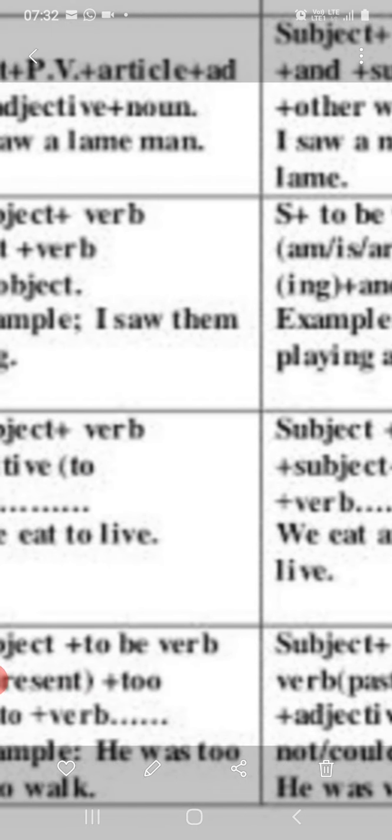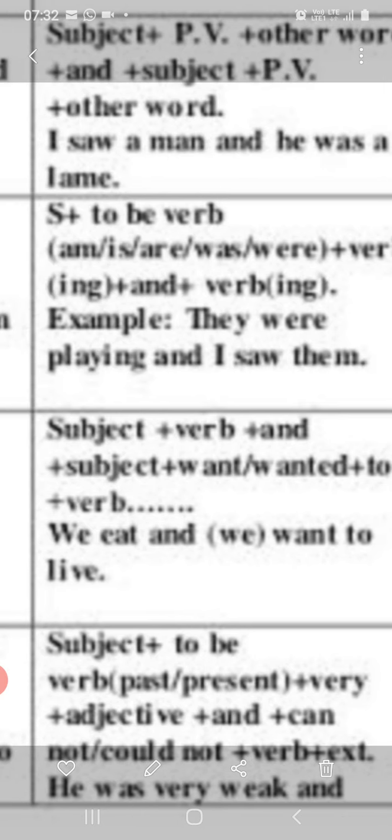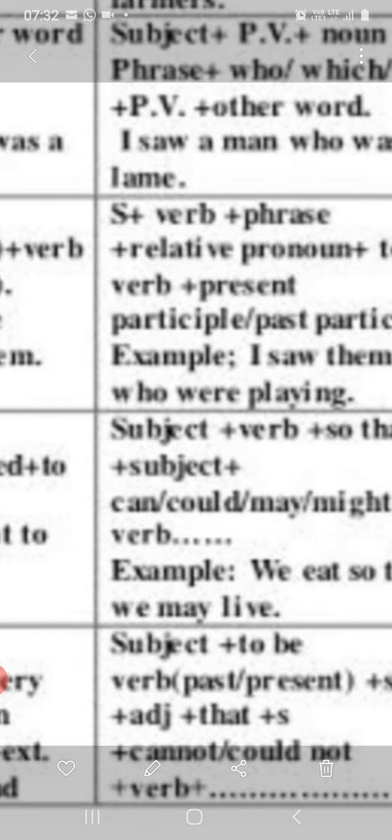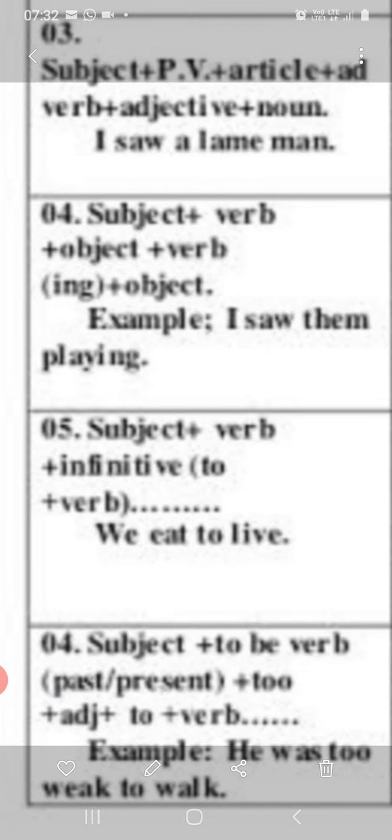From the words to live, we can find the subject we. For both the clauses, the subject remains the same. So we want to live. We eat and we want to live. And the complex sentence: we eat so that we may live. We can use the subordinating conjunction so that in the fifth type.